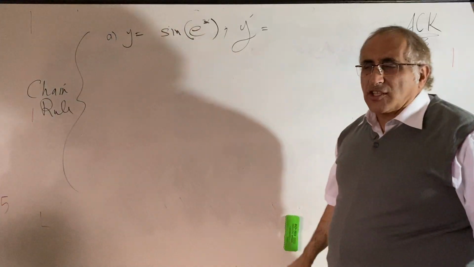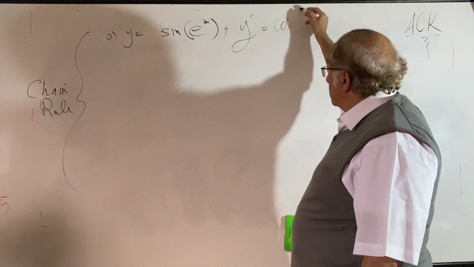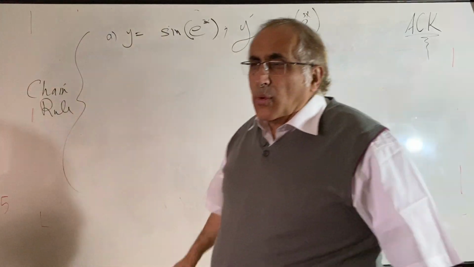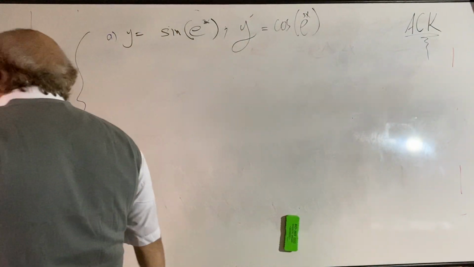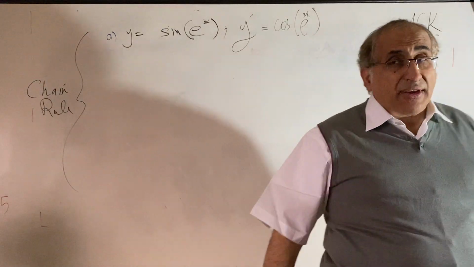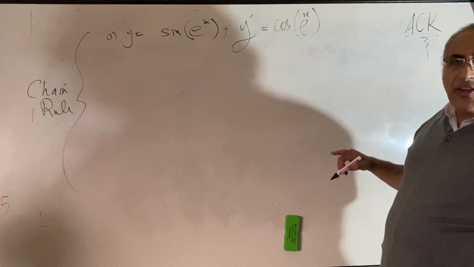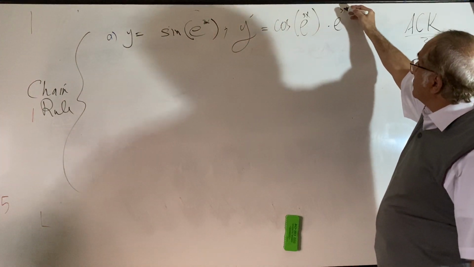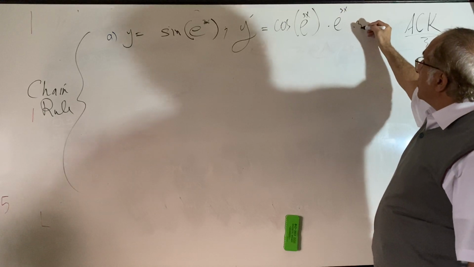We all know the derivative of sine is cosine. And the angle is, if the angle was 2x, you would say 2. If the angle was square root of x, you would say 1 over 2 square root of x. But if the angle is e to the power 3x, what's the derivative of the exponential function? It's itself, and the derivative of that is 3.